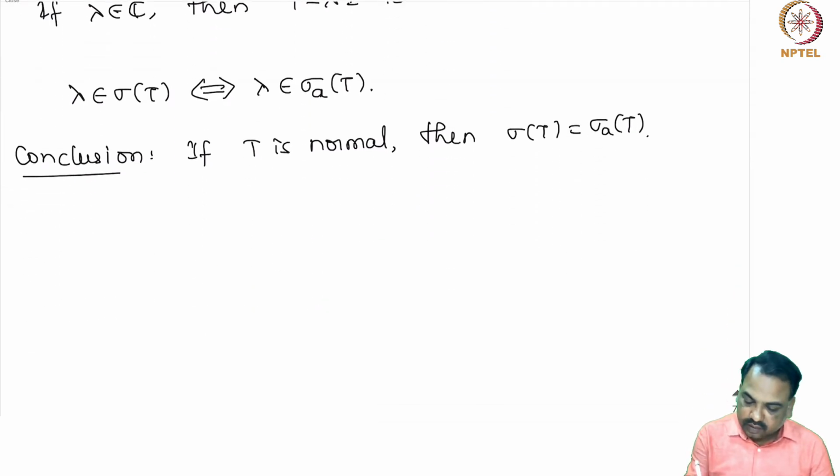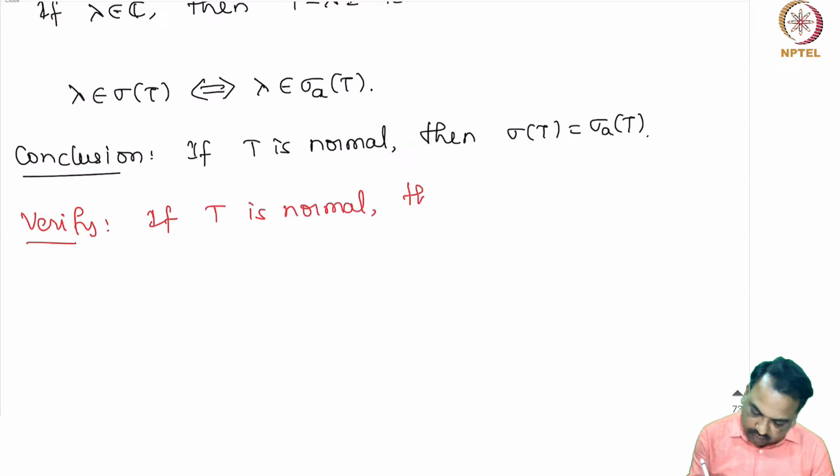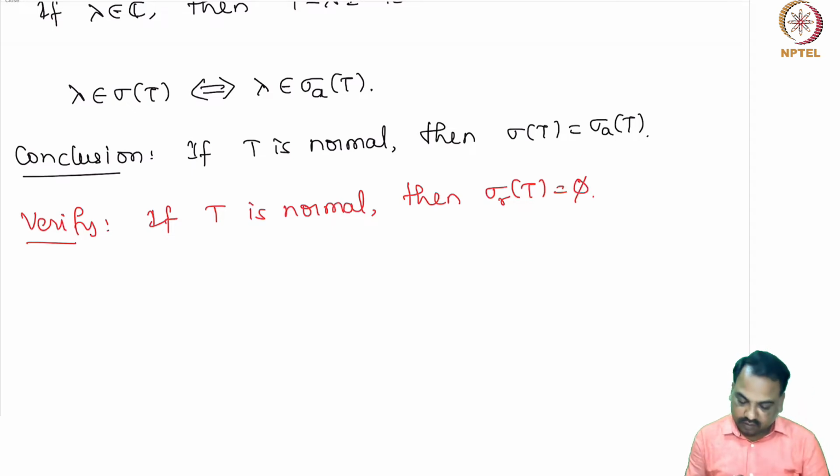And it is easy to check that if T is normal, then the residual spectrum of T is an empty set, because if T is normal, the null space of T star and the null space of T are the same.